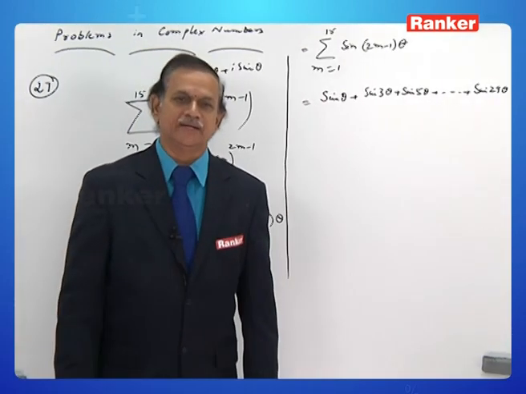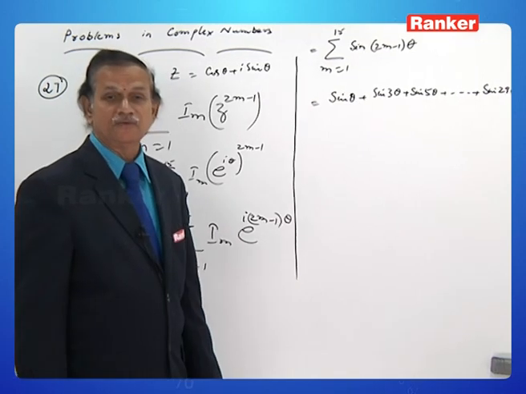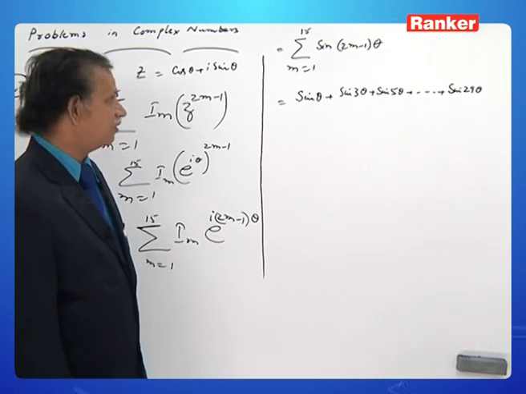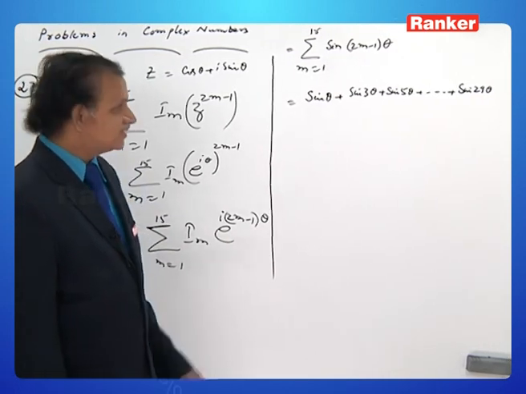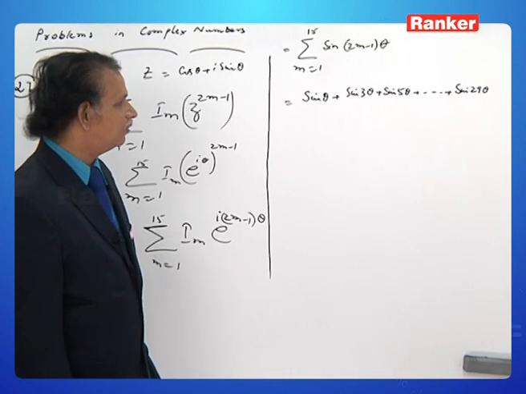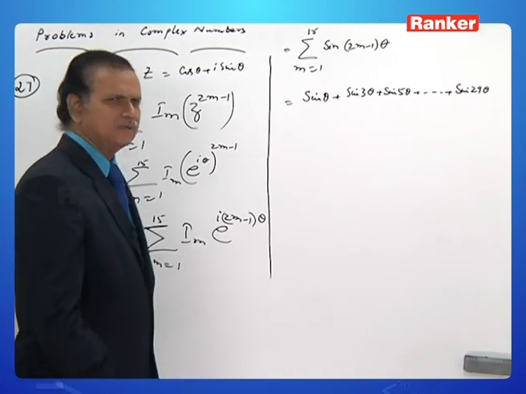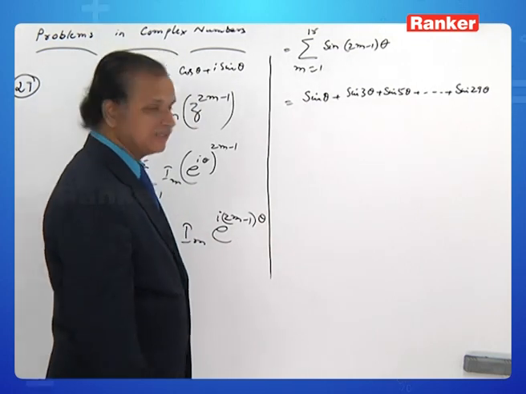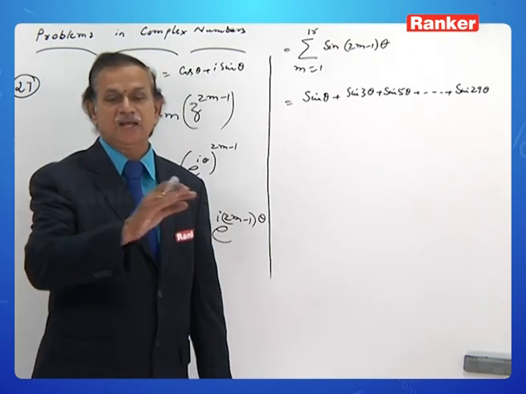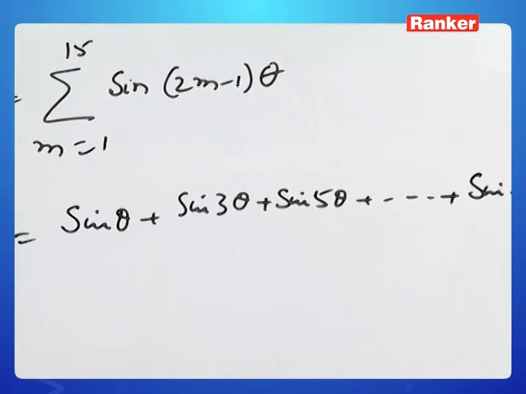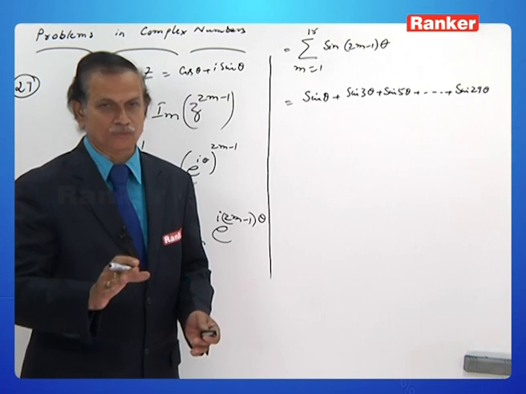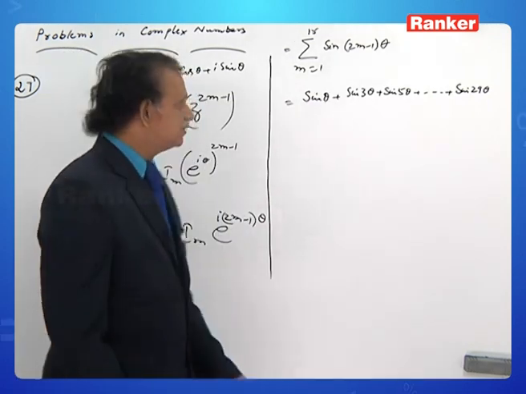Sin 29 theta. Well, in trigonometry, there is a good summation formula regarding terms like this. If the angles are in AP, theta, 3 theta, 5 theta and so on, 29 theta, you can observe that they are in AP. Then this summation can be estimated as sin of (first plus last) by 2, into sin of n d by 2, where d is the common difference, by sin d by 2.